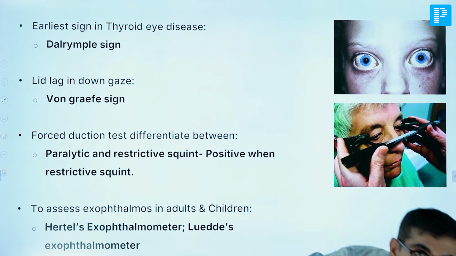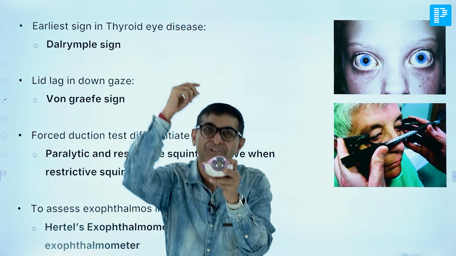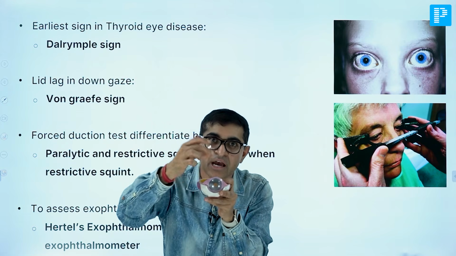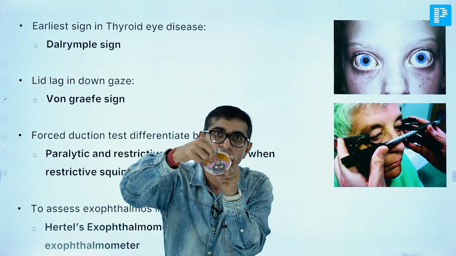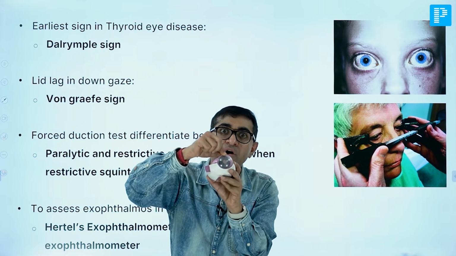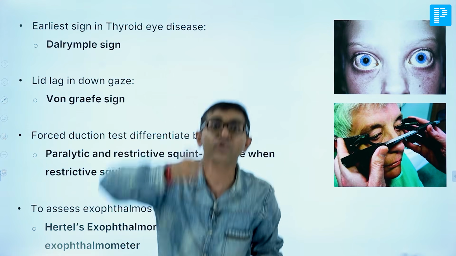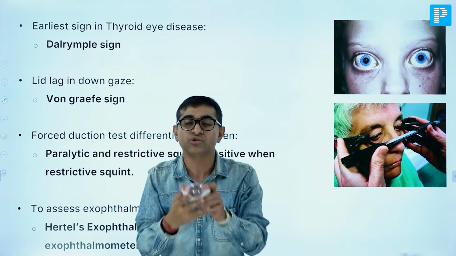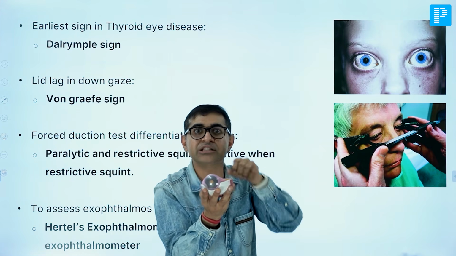So what are you going to do? You will ask the patient to sit. You will hold the eye with the limbal forceps on the superior conjunctiva if there is right hypotropia, and you will simply try to move the eyeball upwards. If there is movement of the eyeball upwards on forcefully moving it, that is the force duction test, so that means it was because of the superior rectus paralysis.